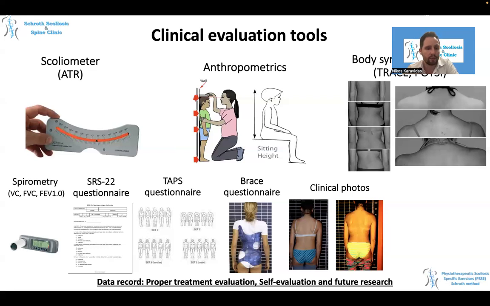And we need proper documentation, data recording, to evaluate the treatment process, to have a self-evaluation, and of course to provide future evidence for proving the effectiveness of the treatment that we follow.